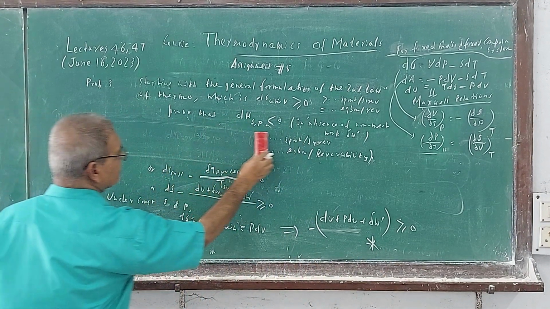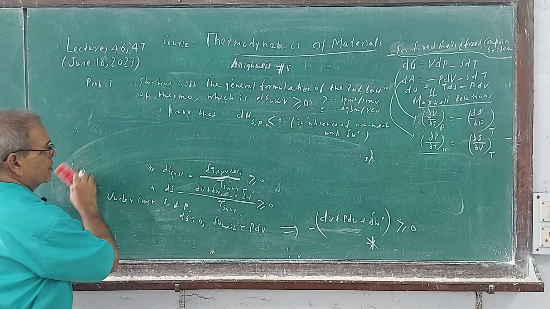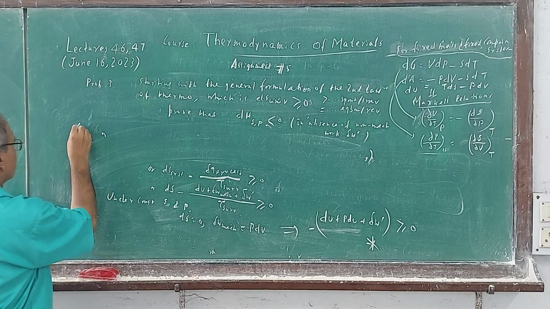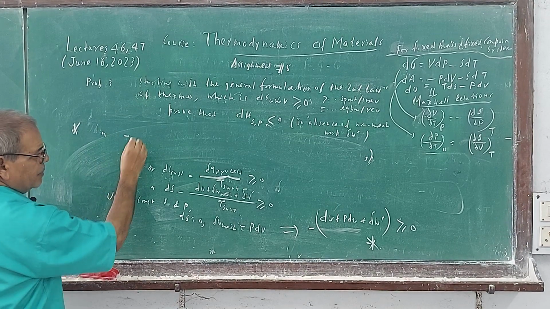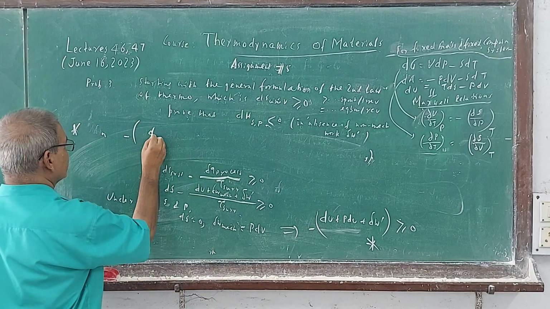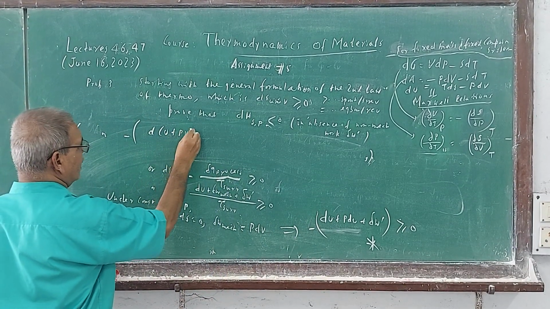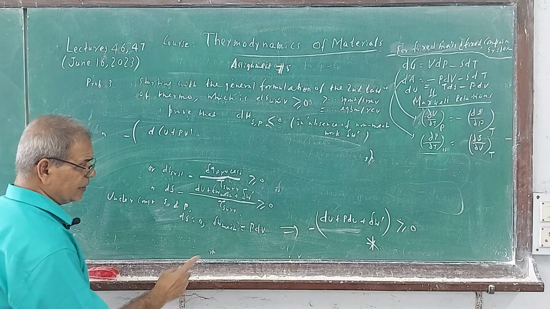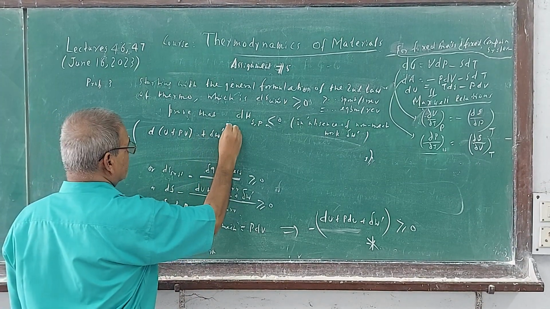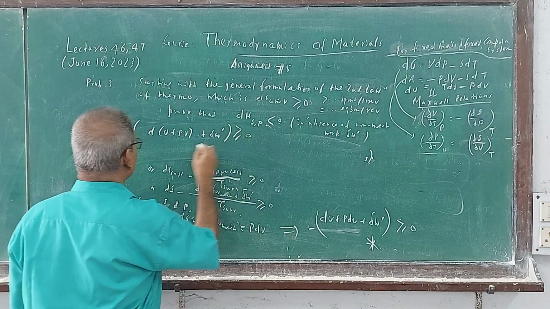Can I remove these few lines? Or star. Or minus, tell me, what is dU plus PdV? dU plus PV, why? Under constant pressure, that's why. Plus dW prime is greater than or equal to 0.